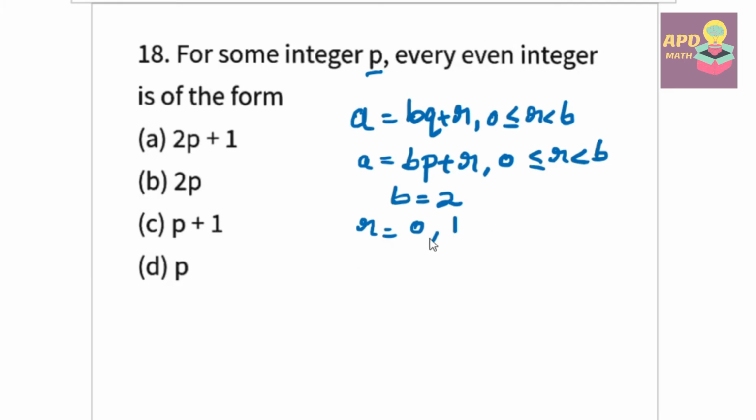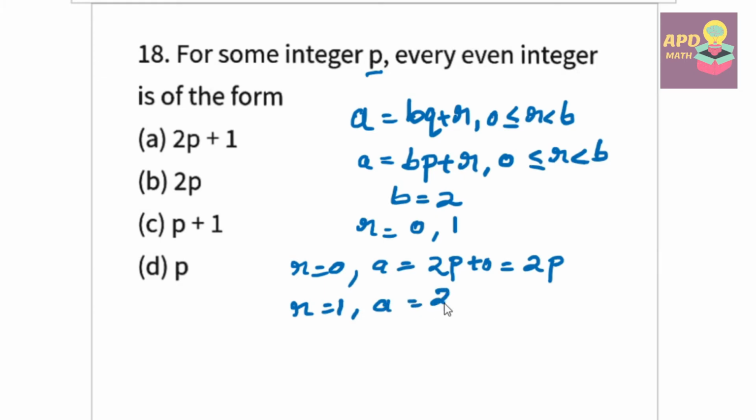When r is equal to 0, a is equal to, what is b? b is equal to 2, and the same p, plus 0, that is equal to 2p. When r is equal to 1, a is equal to 2p plus 1, right?